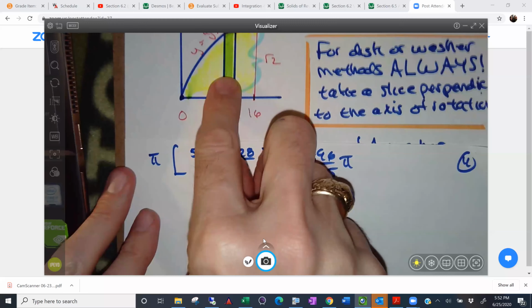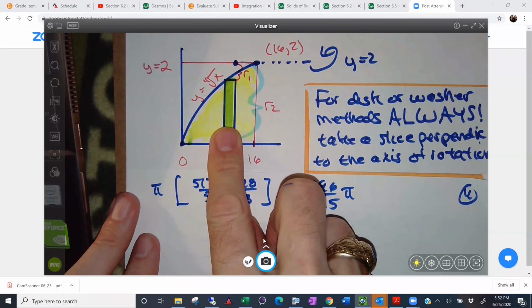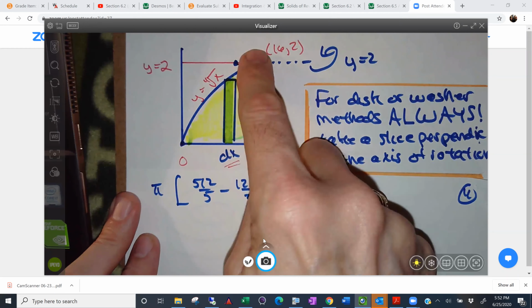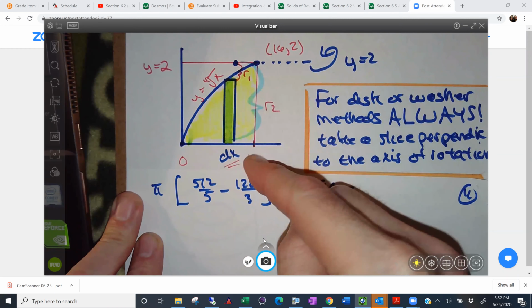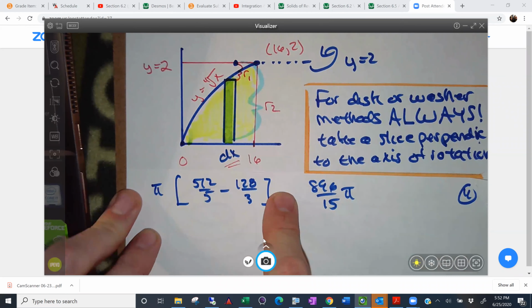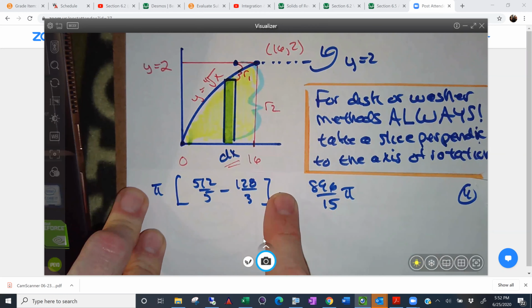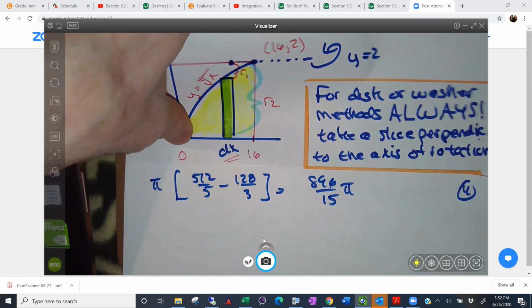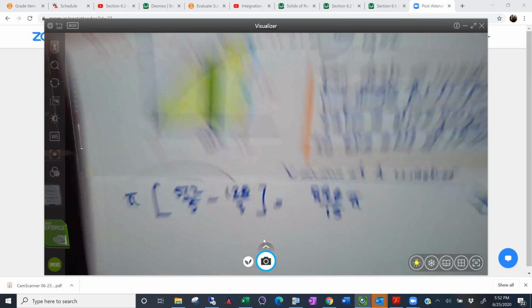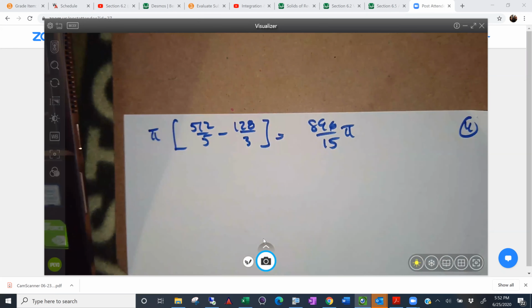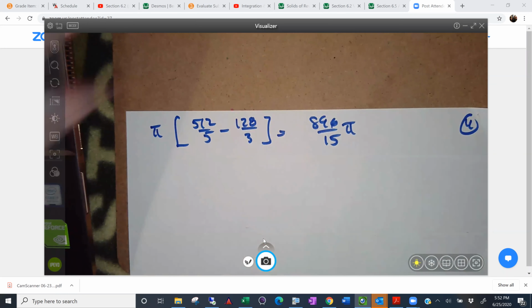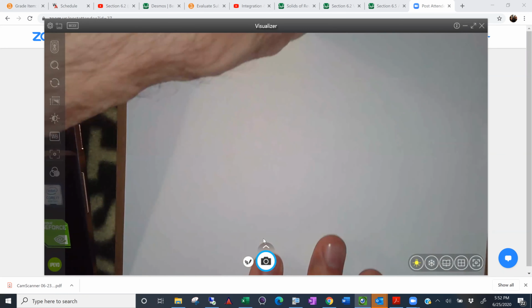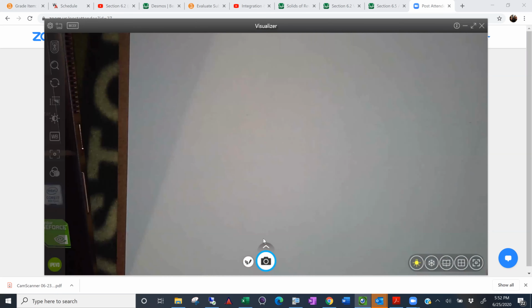What if we take this same region and instead of rotating it around the line y equals 2, we rotated it around the line y equals -1? What's going to happen there? Good question. Let's find out. I'm probably going to have to draw this all over again.